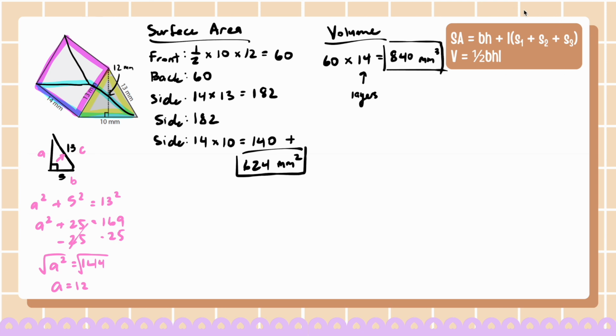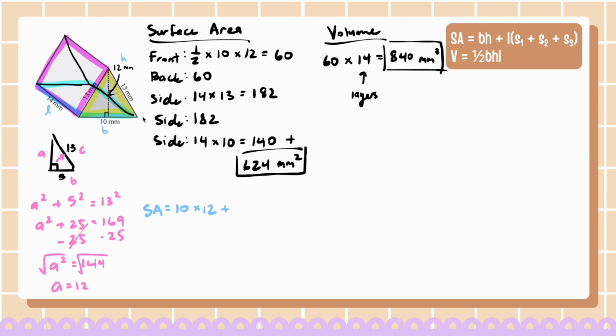All right, now let's try applying the formulas. So we're going to start with surface area is equal to base times height. So this was the base of my triangle, and this right here was the height of my triangle. So we're going to do 10 times 12 plus, let's label the rest of our dimensions. So 14 here is my length of the prism.